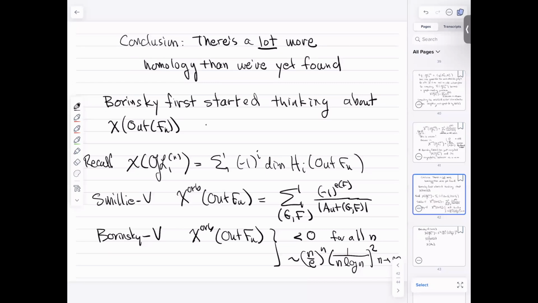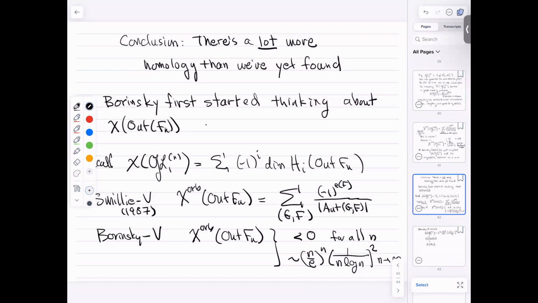But he thought about it in terms of outer space and the action of Out(Fn) on outer space, or actually on the spine of outer space. So in 1987, John Smillie and I calculated the generating function for the orbifold Euler characteristic of Out(Fn).